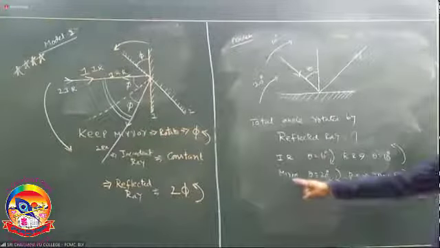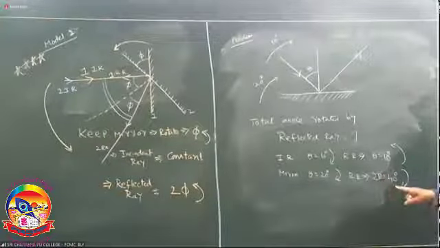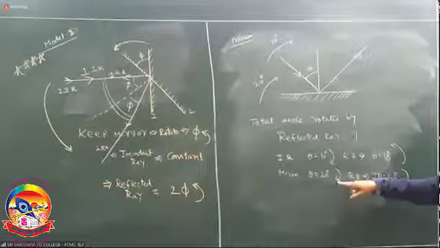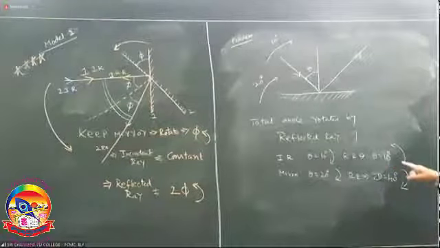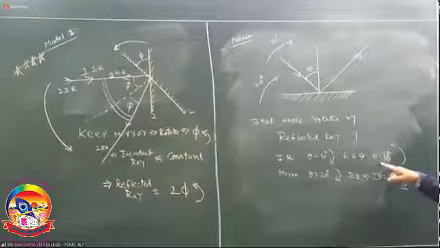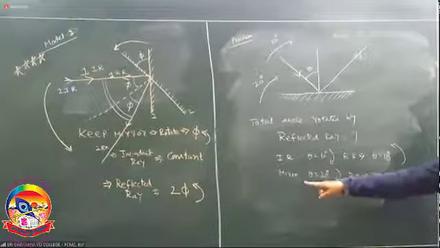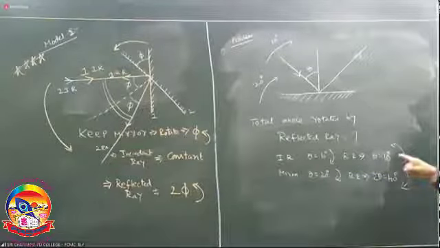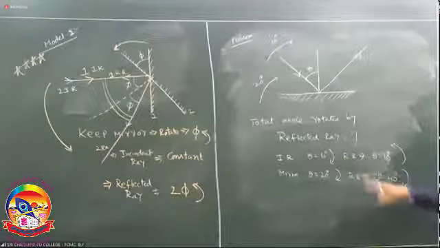The mirror is rotated by 20, so the reflected ray rotates by 40. Same sense: if the mirror is clockwise, this is also clockwise. This angle of rotation is because of the incident ray, and this angle is because of the rotation of the mirror. One is clockwise, another one is anti-clockwise.